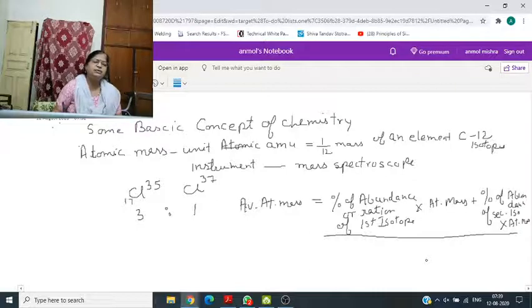For example, here 3:1, so 3 plus 1, 4. If it is a percentage, then we write 100.